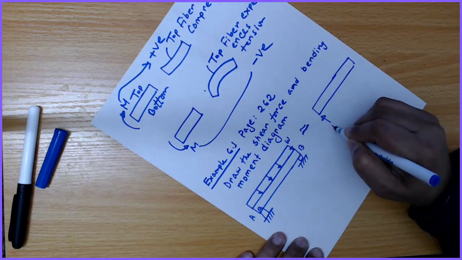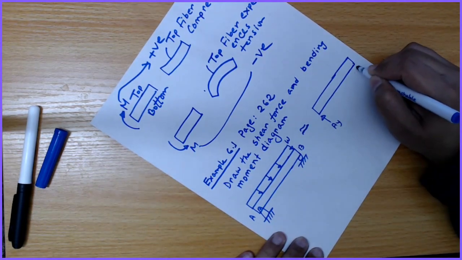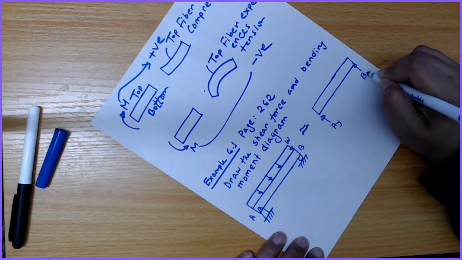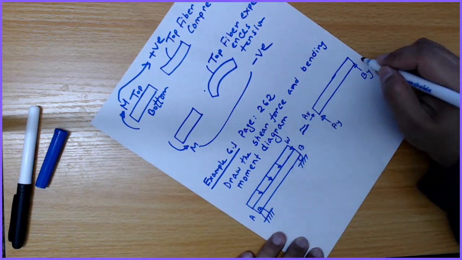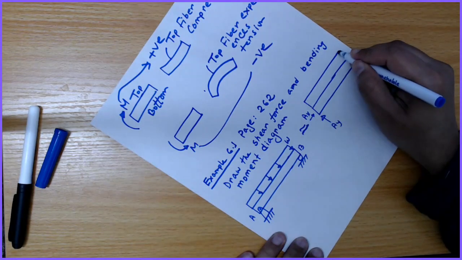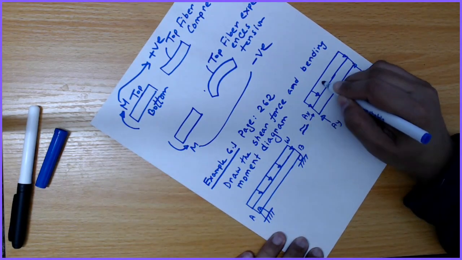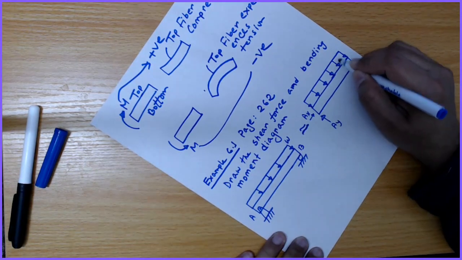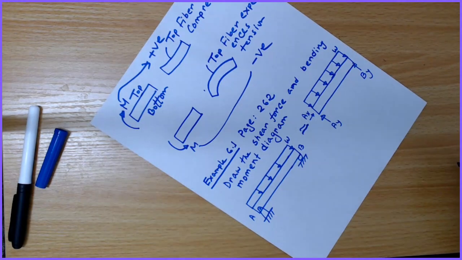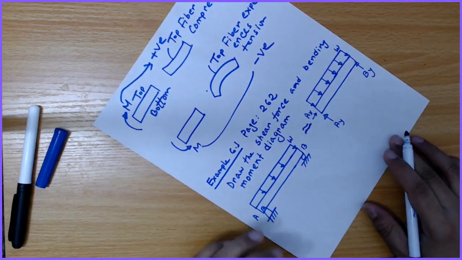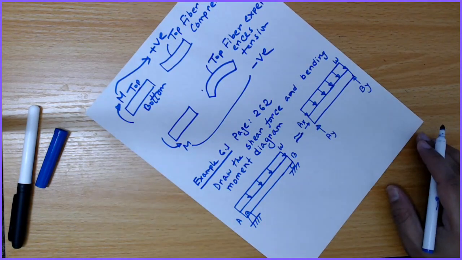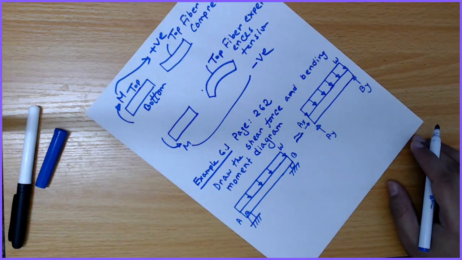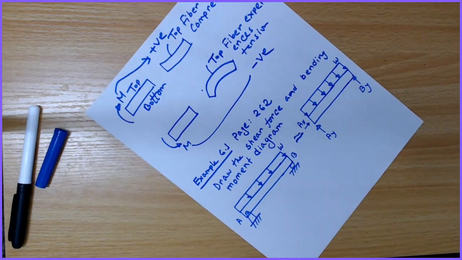So this is my AY, this is my BY, and this is my AX, and this is W. Now as you remember, we previously learned that in order to find the reaction forces or solve the problem, we need to convert the distributed load to a point load.